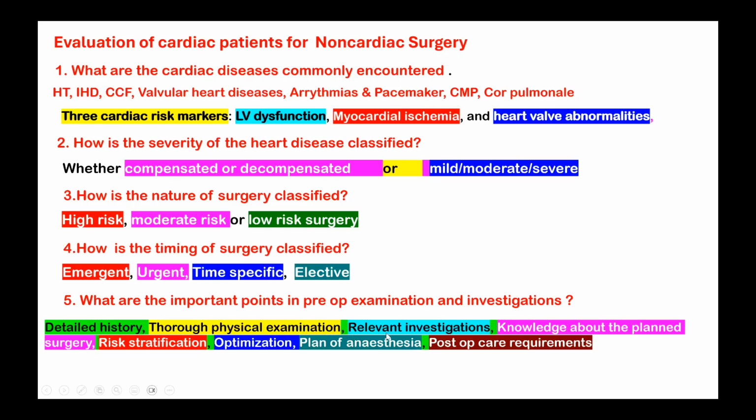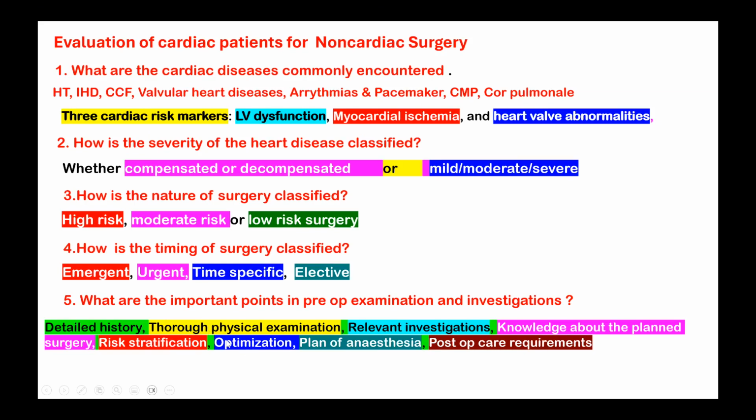So do a thorough physical examination, then order the relevant investigations. This is possible in patients with time-specific and elective surgeries, and knowledge about the planned surgery, which has to be graded based on these three classifications. Then comes the important risk stratification to assess what intra-op and post-op complications you can encounter.